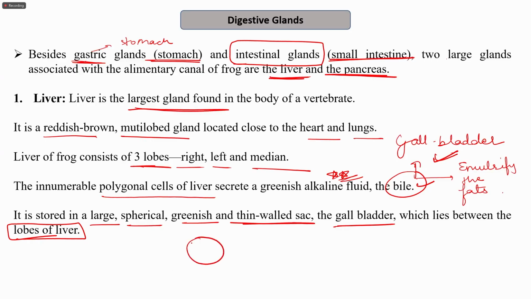The larger units of fats are emulsified, and upon emulsification, smaller fat units are formed. Bile is not breaking down the fats into smaller components, but it is reducing the size.